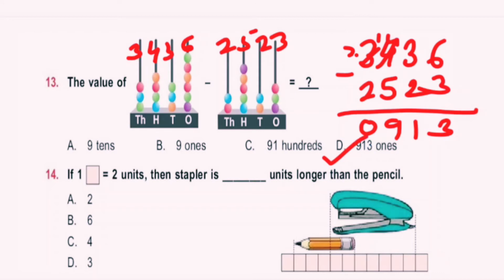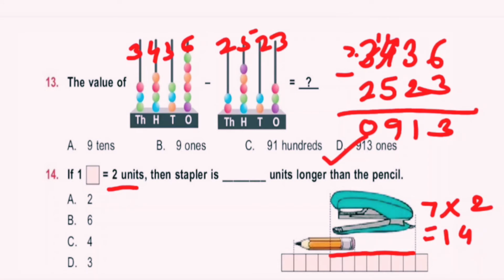Question number 14. If one box is equal to 2 unit, then stapler is dash unit longer than the pencil. Now we first calculate the stapler length. Stapler starts from here. So there are 7 boxes. So 1 box is equal to 2 units, so 7 boxes is equal to 14 units.